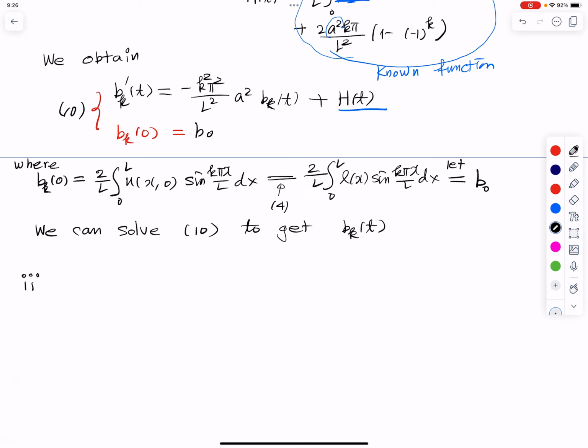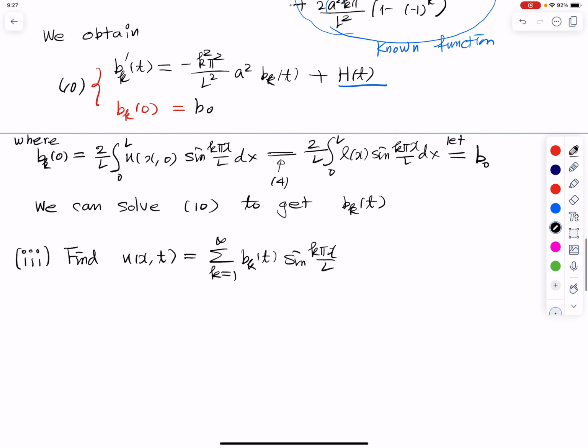So finally we have u(x,t) equals summation k from 1 to infinity bk(t) sine k pi x divided by L, where bk(t) is obtained from equation 10.